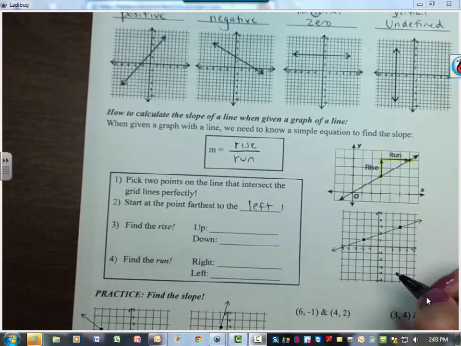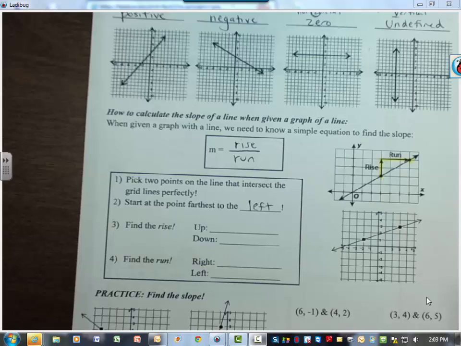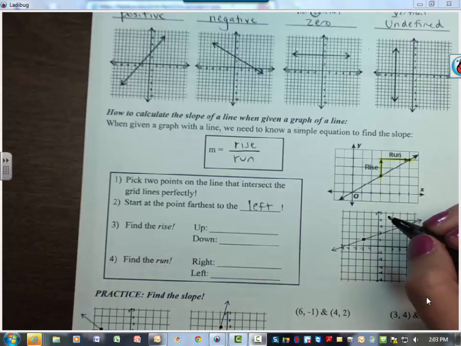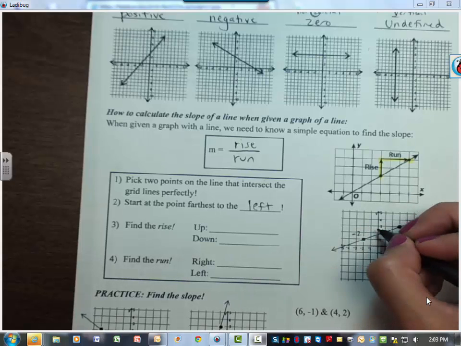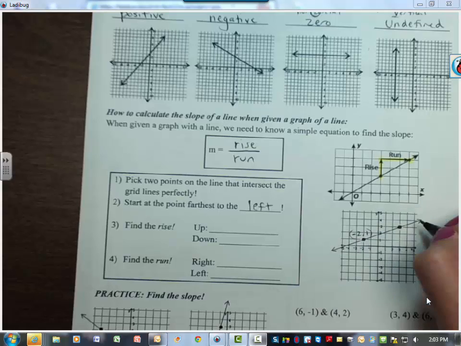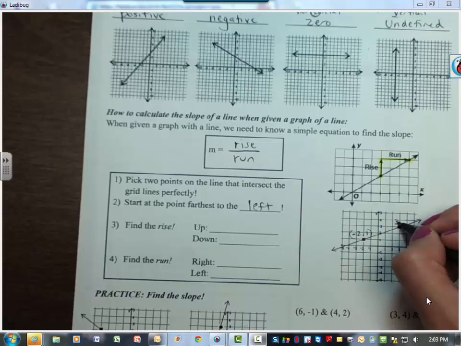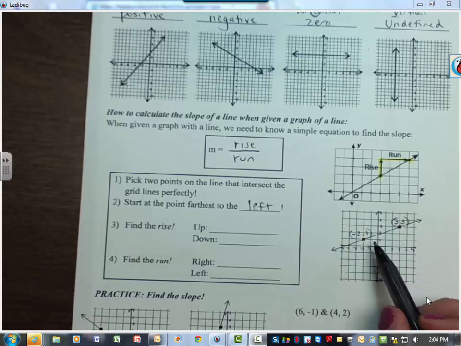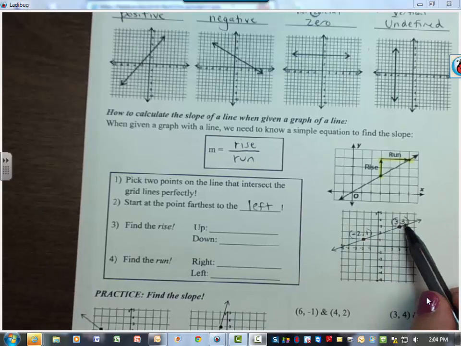Go ahead and plot that point and tell me what that ordered pair is for both points. Once you plotted those points, you should have gotten -2, 1 for the point that's furthest left, and 3, 3 for the point that's furthest right.